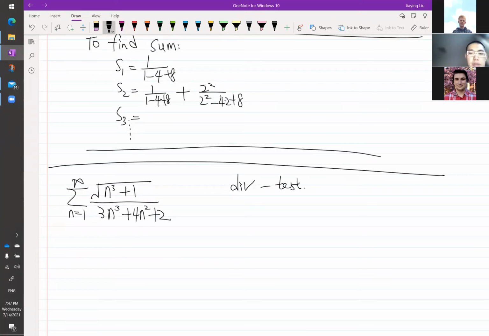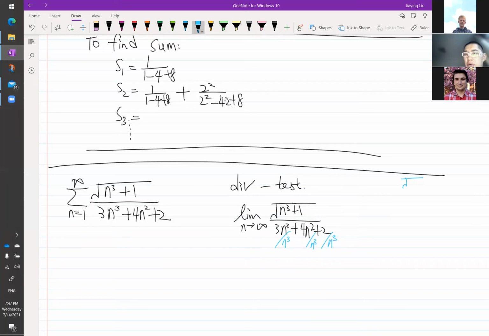I'm just thinking, because if we take the limit as n goes to infinity of the square root of n cubed plus 1 divided by 3n cubed plus 4n squared plus 2, and we divide by n cubed, in the numerator, because we have a square root, dividing by n cubed is actually inside the root.